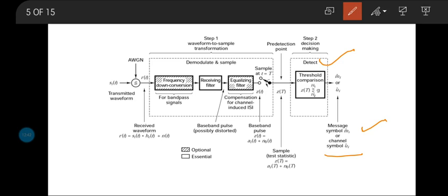These we call hard decisions, whereas U_i we can call either a hard or soft decision, based upon the kind of error correction mechanisms we are implementing or not implementing. We call it hard decision making or soft decision making.